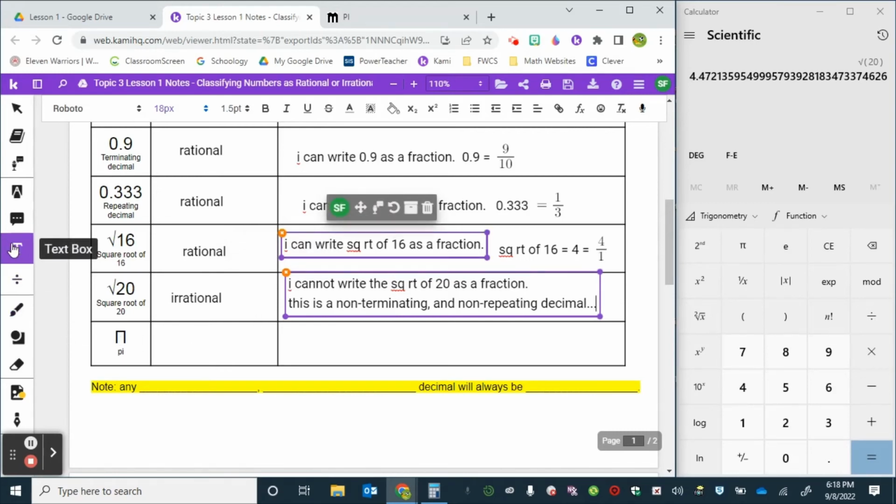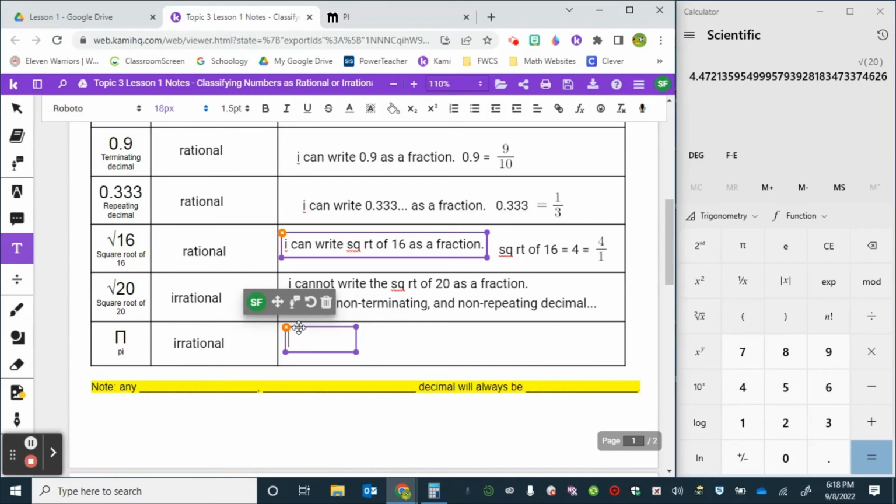And then we have some symbols in math that we use. We're going to look at the symbol of pi when we talk about circles. Some of these symbols are irrational as well. Pi is an irrational number. Pi is a non-terminating, non-repeating decimal, right? I cannot write pi as a fraction.